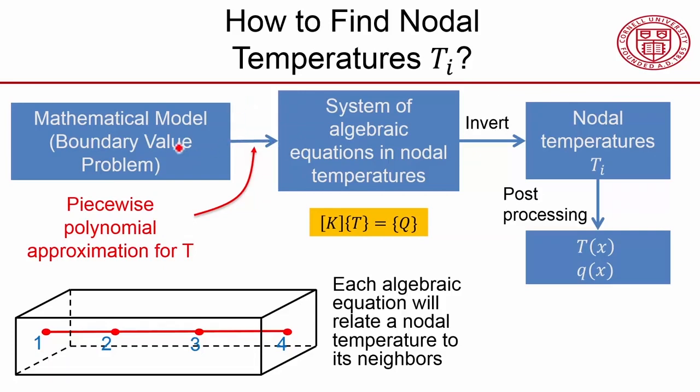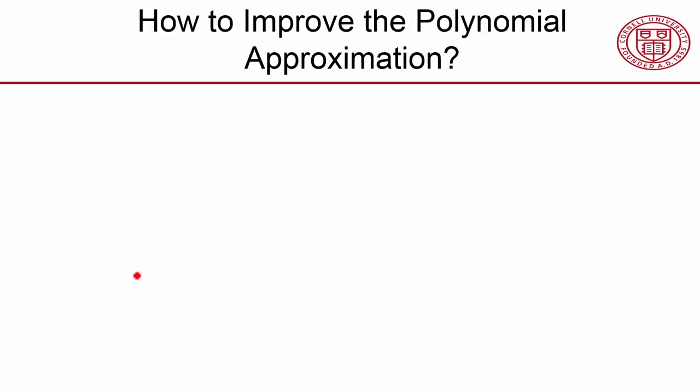And in the process of going from the differential equation to the algebraic equations, we introduce an error called the discretization error. And we can reduce the discretization error by improving our piecewise polynomial approximation.